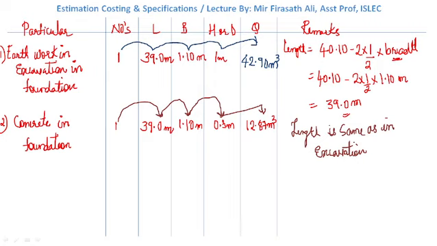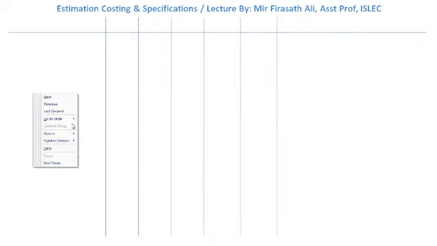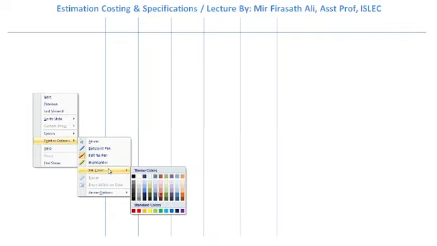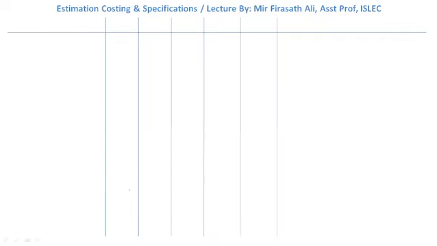Now, after finding this, what we need to do? We need to find out the brickwork in foundation and plinth. The next important task is to find the brickwork in foundation and plinth. Again, let us fill this table.